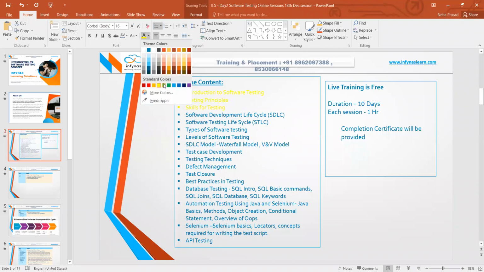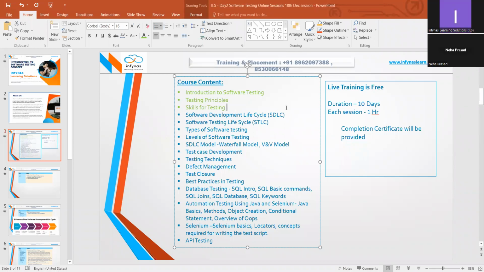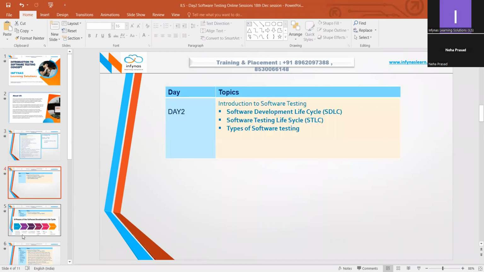I would encourage everybody to be active and interact with me in between, by answering the questions, asking me questions, or giving any inputs or suggestions, so that we all learn together. Now today is day 2, wherein we are going to study SDLC and STLC. I'll try to cover both SDLC and STLC in today's class.